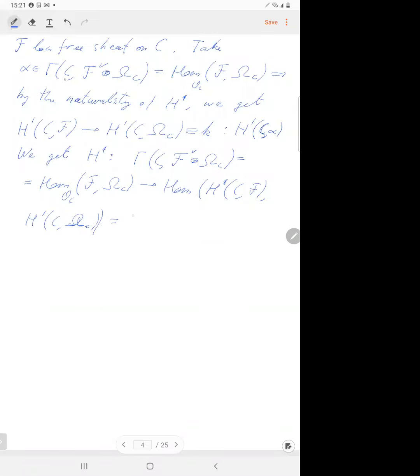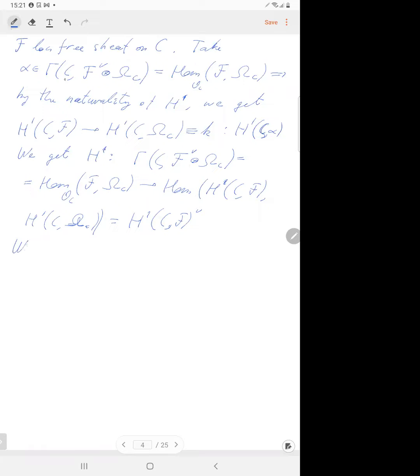This is the same as just the dual space of the first cohomology. So now the third theorem states that this morphism is an isomorphism.